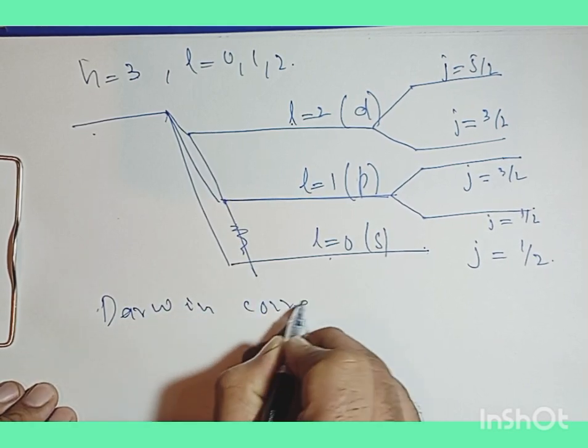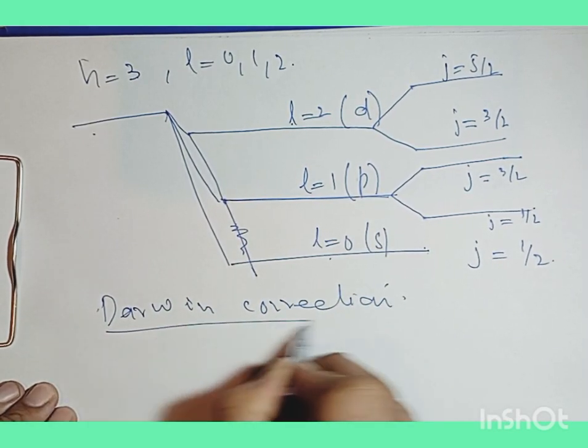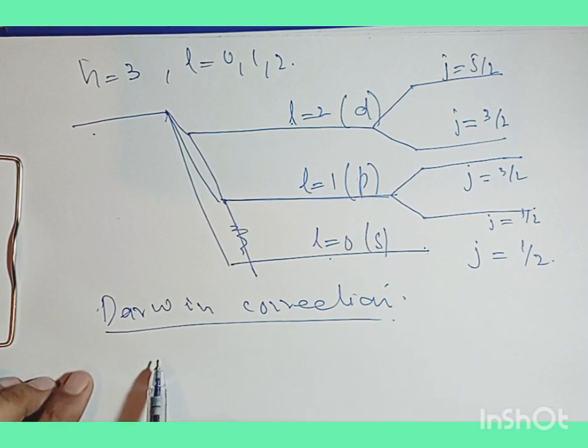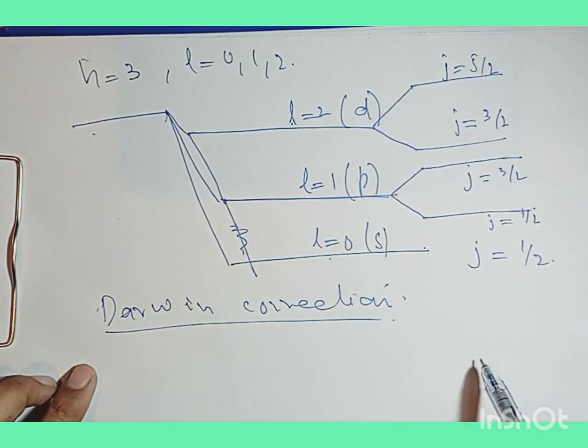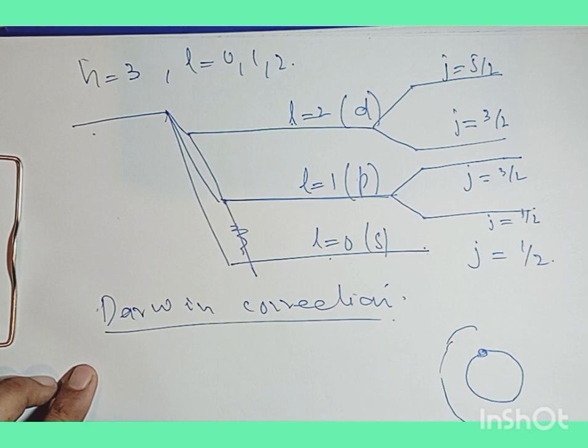Now, the basic idea of this Darwin correction is that the electron that is in the S state has a speed greater than that of the electron in the P state.